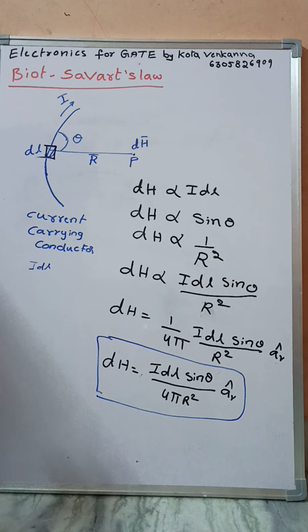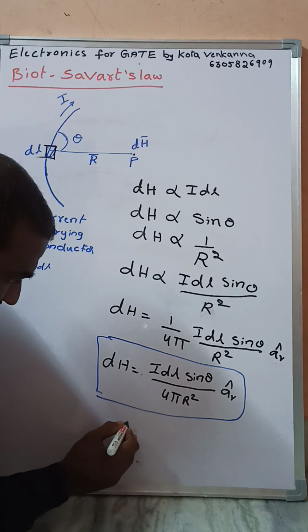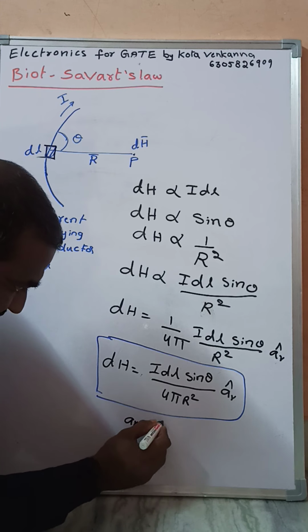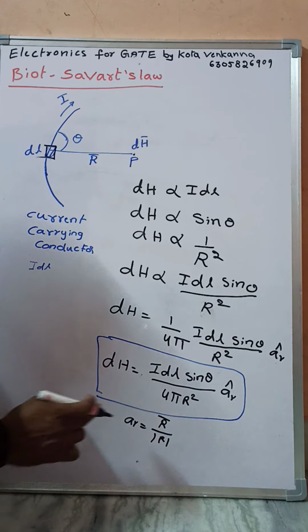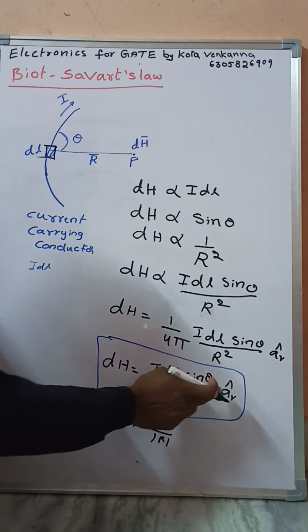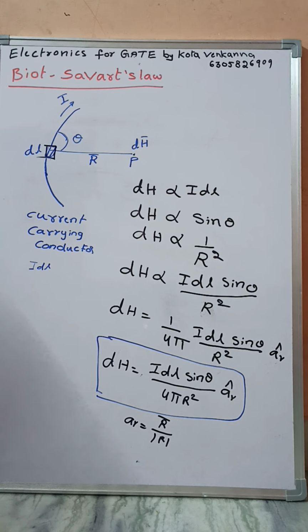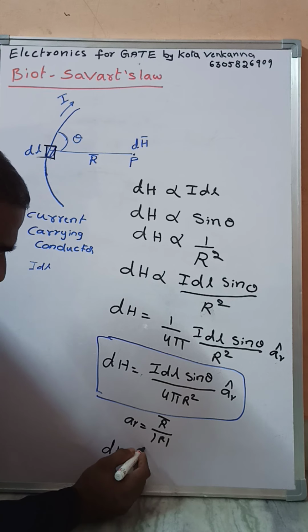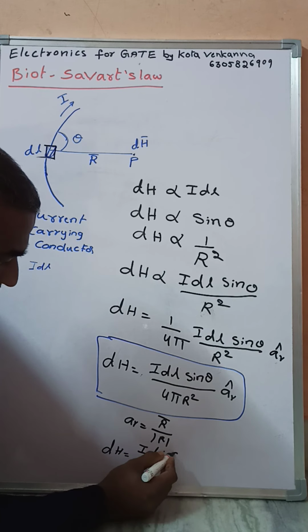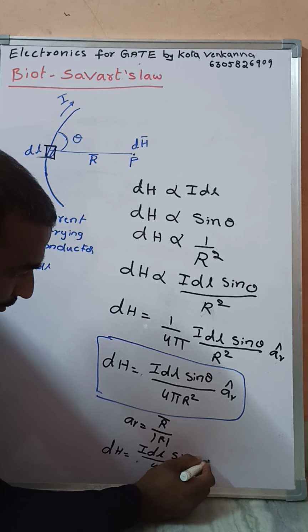Here AR is written as R bar by modulus of R. When this AR is applied in the equation, dH is equal to I dl sin theta by 4 pi r square into r bar by r.